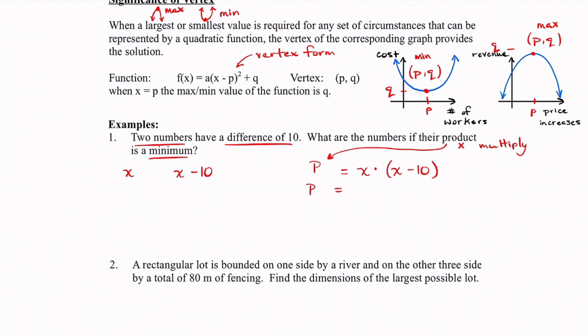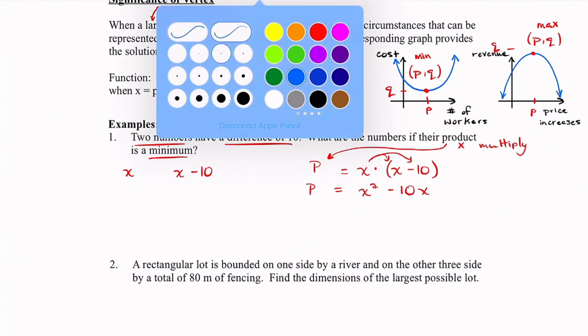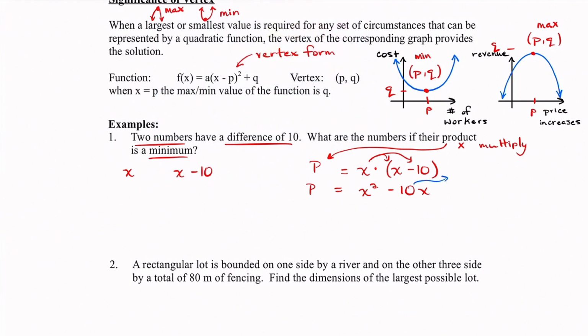So first thing I'm going to do, I'm going to distribute the x into the brackets. That's going to give me x squared minus 10x. And if there was something in front of the x squared, we'd have to factor it out, but there isn't. So I can go into my next step where I take that second term, negative 10, divide that by 2 and then square it.